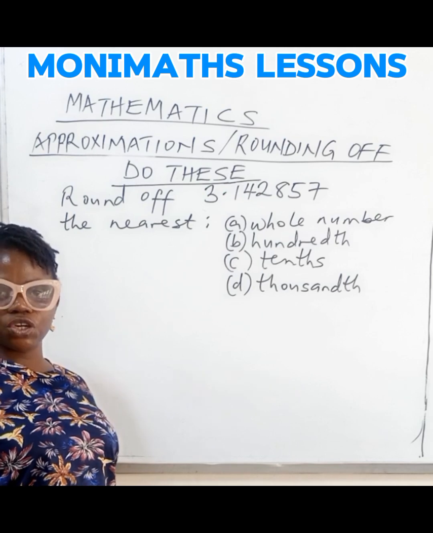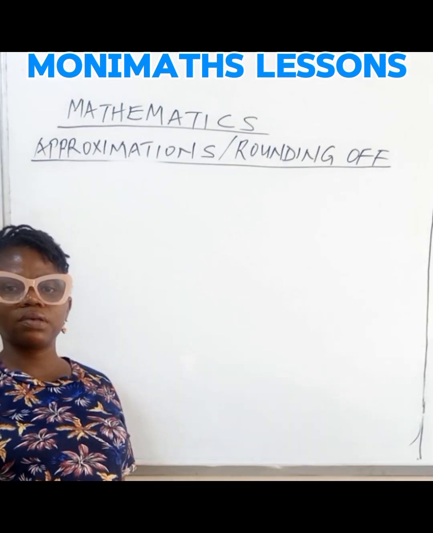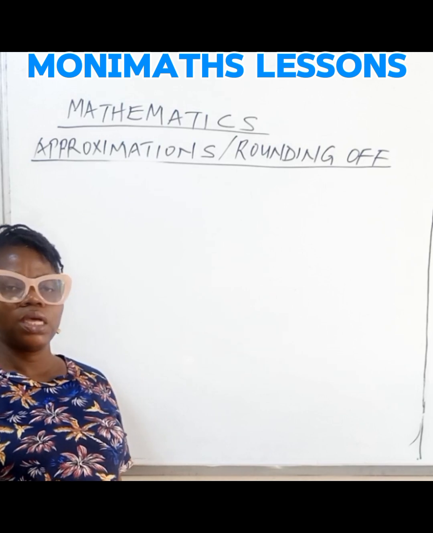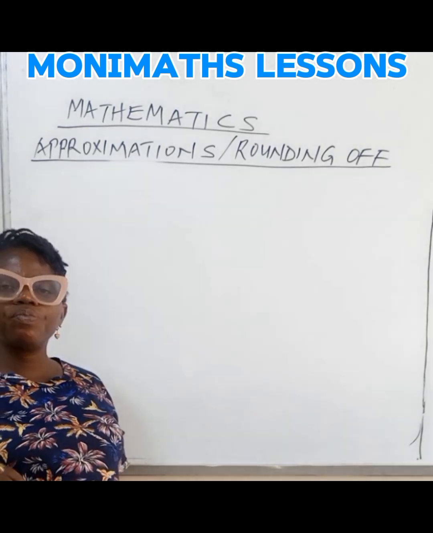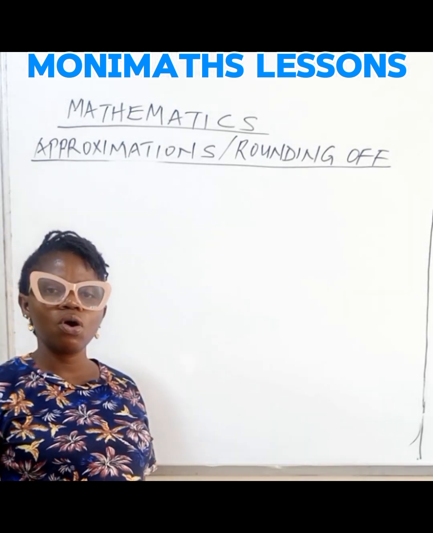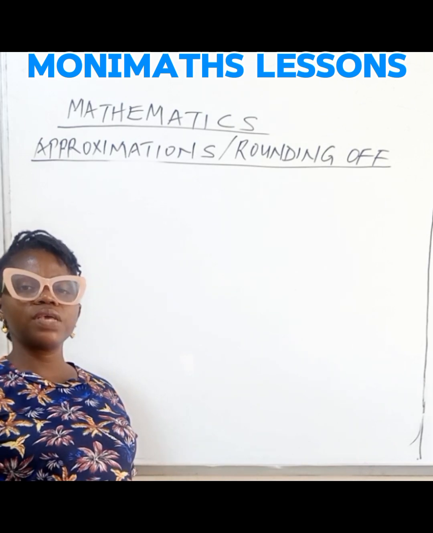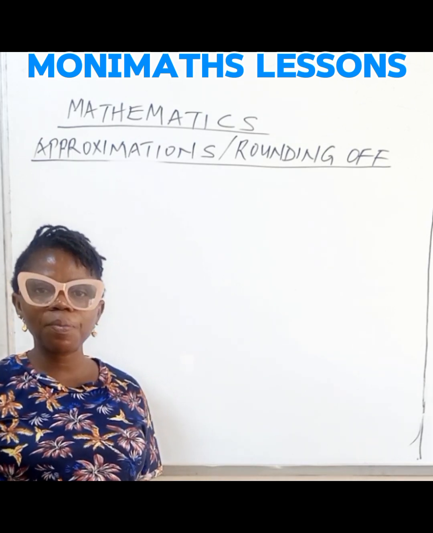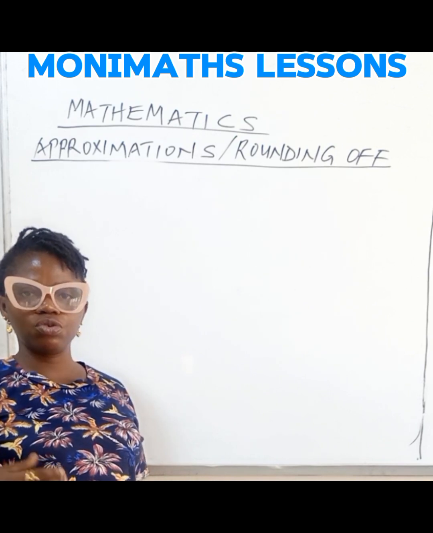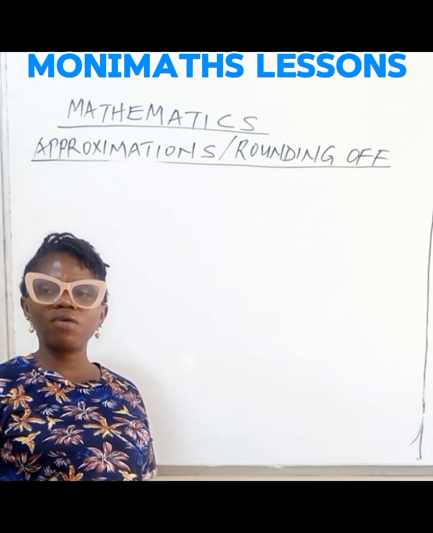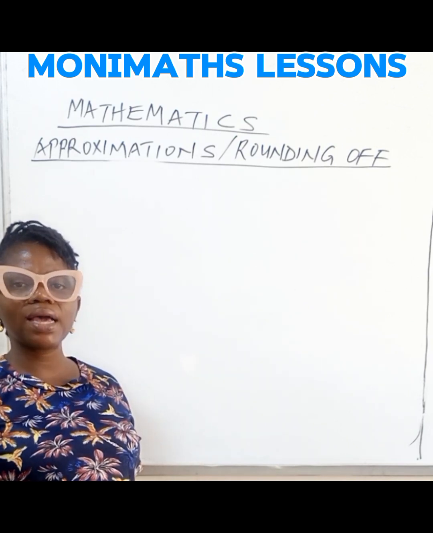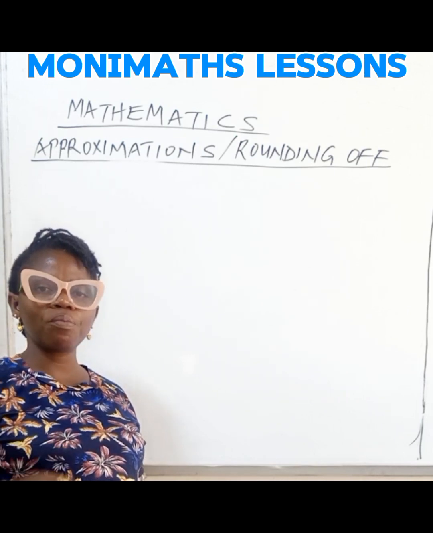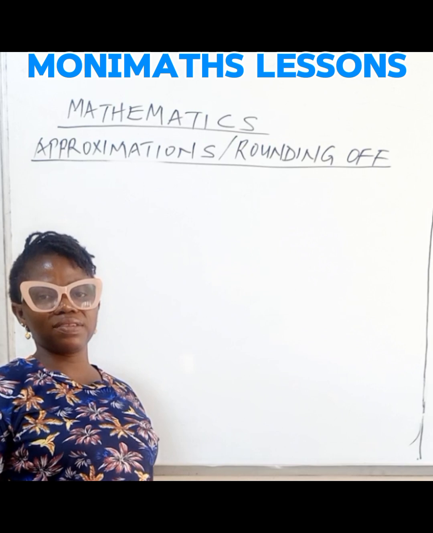Welcome to the other part of approximation and rounding off. In this part, we'll be looking at approximation or rounding off to a specified number of decimal places. Decimal places are very easy to know. To know the number of decimal places a number is set to, all you have to do is to count the number of digits after the decimal point.